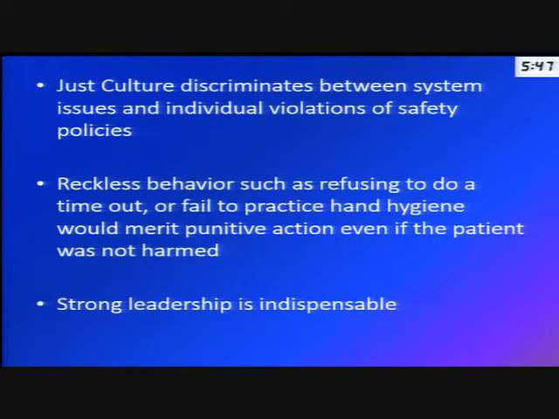So the just culture is crucial because it differentiates between system issues, but also keeps individuals accountable for violations of safety policies. Not cleaning hands in between patient visits, or refusing a timeout before a surgical procedure, are clearly reckless behavior and should be recognized as such and punished.